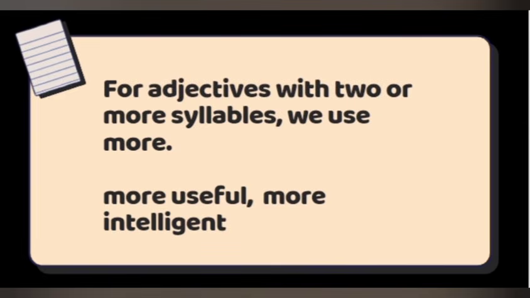Next word, intelligent. How many syllables are there in the word intelligent? Let us see. Intelligent. So here we have 4 syllables. So when we have 2 or more syllables in a word, we do not add er, but we add more before the base adjective. More useful, more intelligent. I hope this is clear to you.